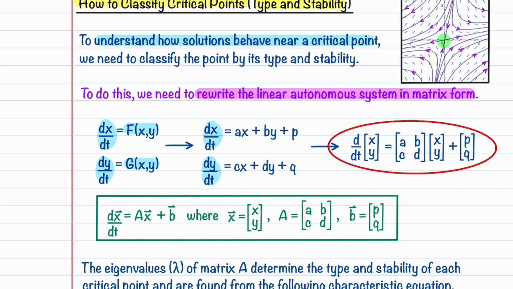This is just the derivative of vector x with respect to t, where vector x is our vector (x, y), and it's equal to A times x plus a constant vector b. I highlighted matrix A in yellow because that's what we're going to be focusing on.